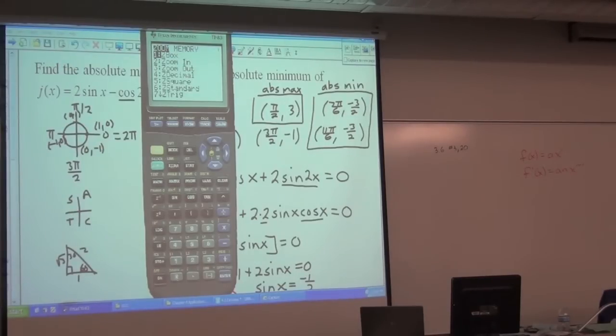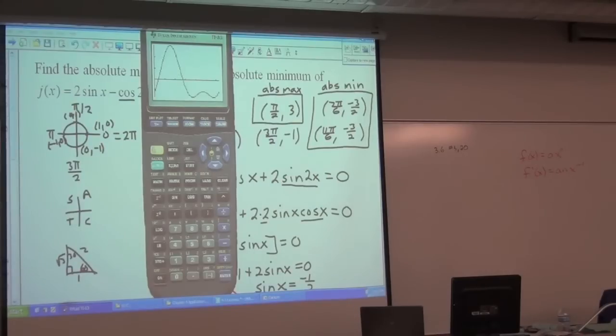Because we only wanted to look at it from 0 to 2 pi, I set the x's and I let the calculator find the y's. So look at that, there's two lowest points here, and one highest point.